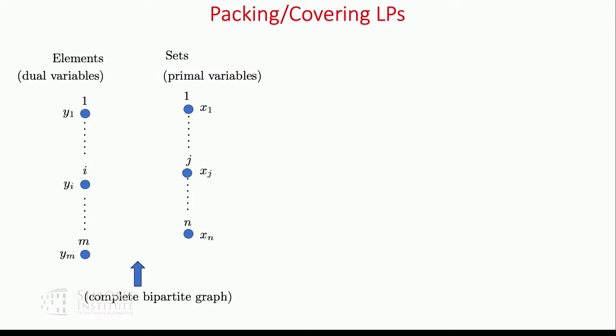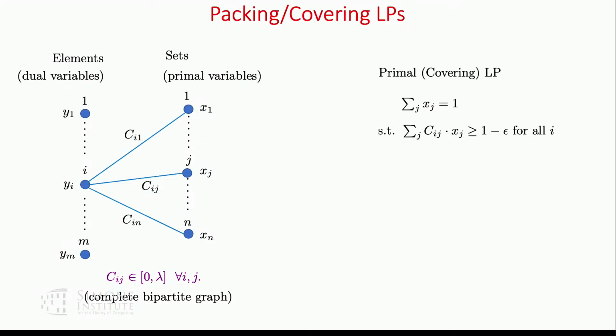And there is this complete bipartite graph. The edge between element i and set j has this value Cij. Each of these values is between 0 and lambda, where lambda is a parameter. When we are looking at a primal covering LP, the covering constraint is on the elements.